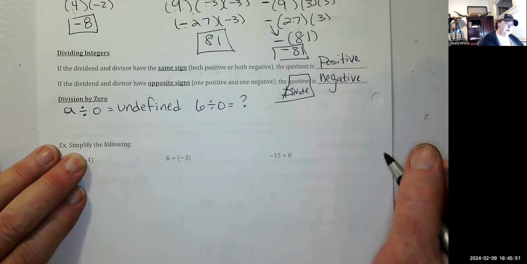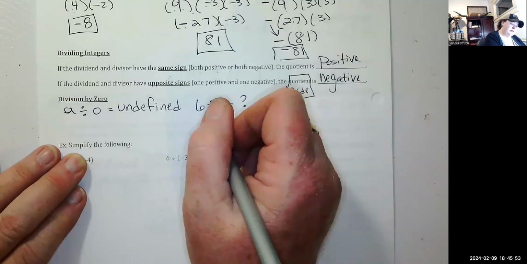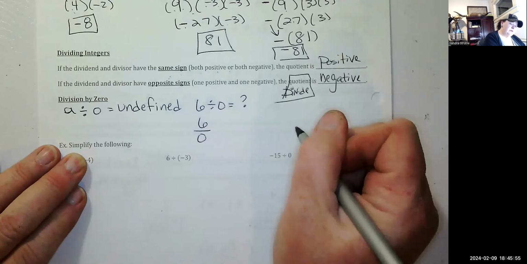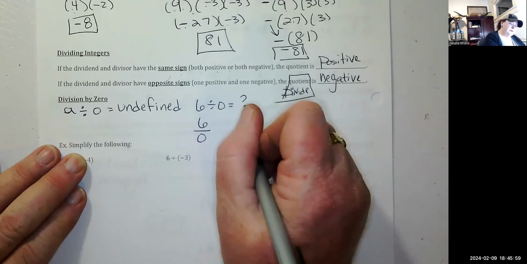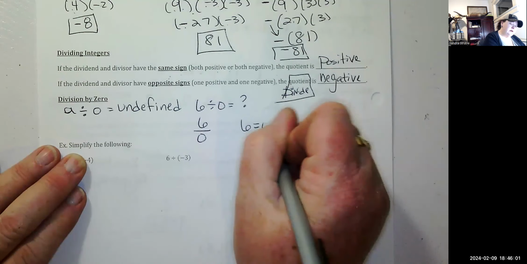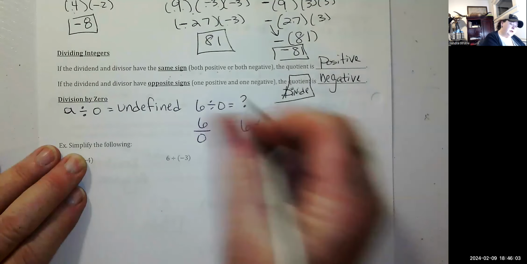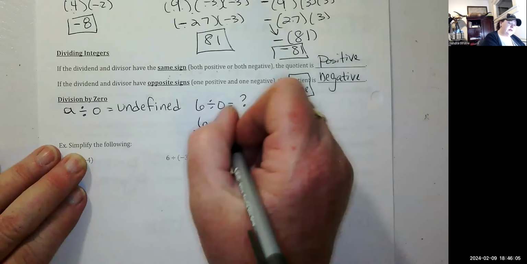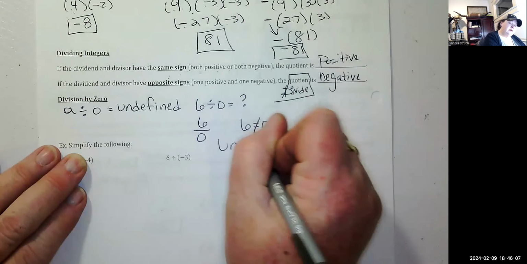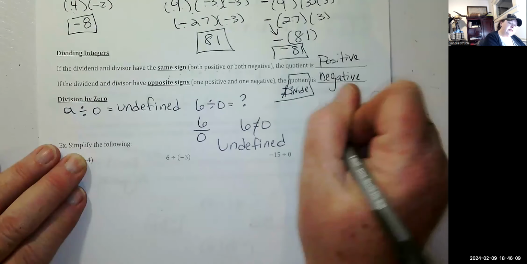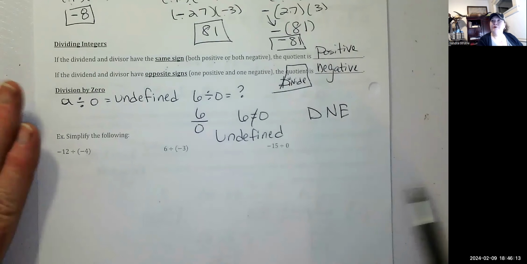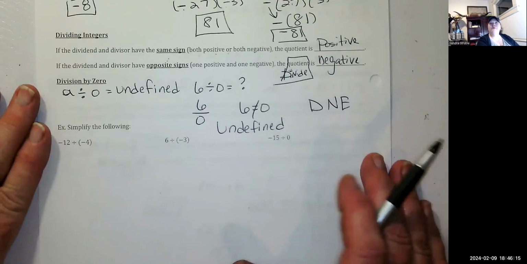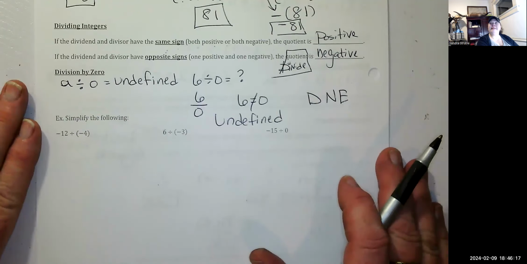There's no solution here, because that would be saying that 6 is divided by 0, or saying that 6 would equal 0, I guess, and that's not possible. So this is undefined. In MyOpenMath, you're going to use DNE, does not exist. I don't mind if you use does not exist for your exams as well.